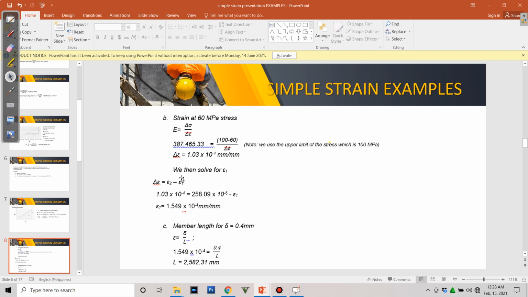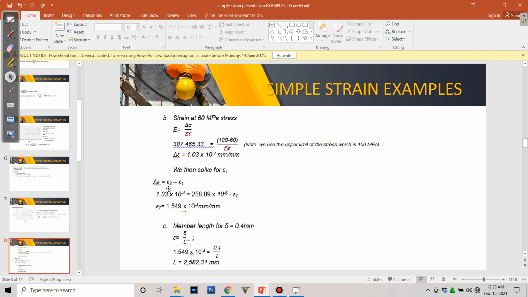Next, we solve for epsilon 1, or the strain 1. Strain 1 actually refers to your 60 megapascal. By the way, this is not yet the answer. This is the change in strain considering the upper limit.